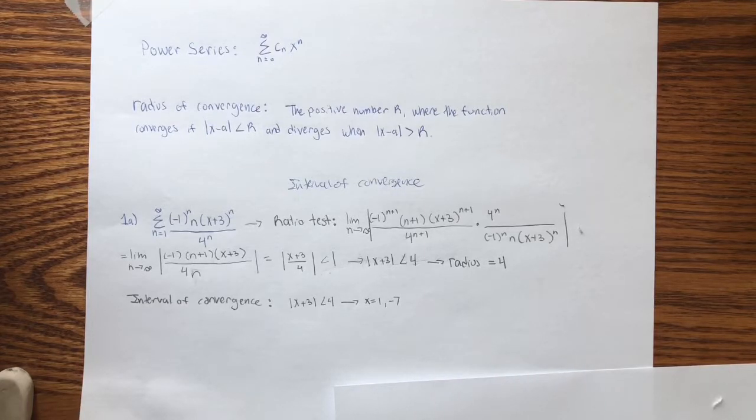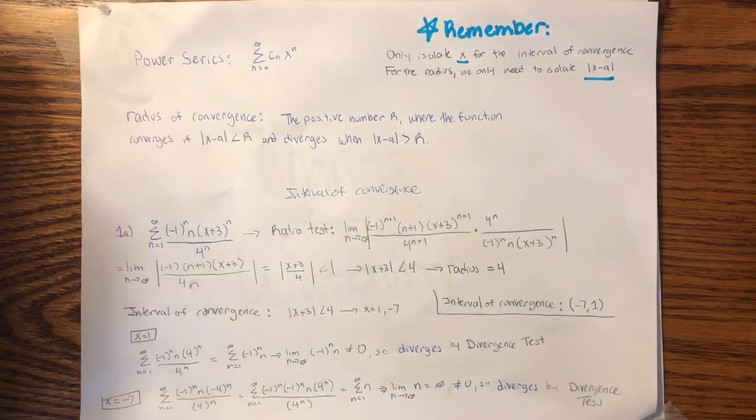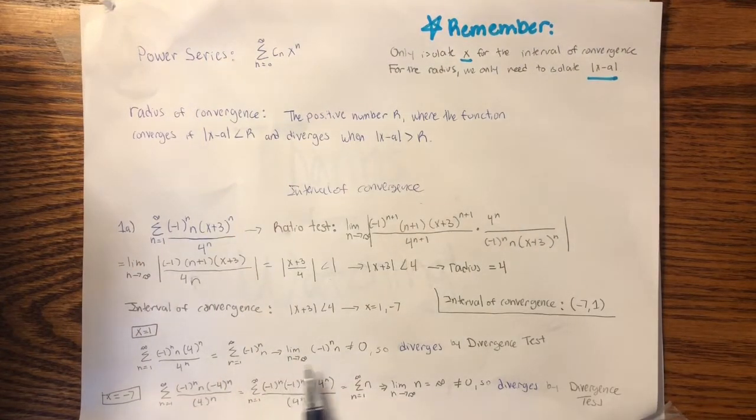But in order to figure out if 1 and negative 7 are included in the interval, we need to evaluate the series with 1 and negative 7 plugged in for x. Here, you can use the tests for convergence we learned in the previous chapter. When we plug in x equals 1 to the original series over here, we get this, and then we can use the divergence test to see that as the limit as n goes to infinity of negative 1 to the power of n is not 0, it diverges by the divergence test.